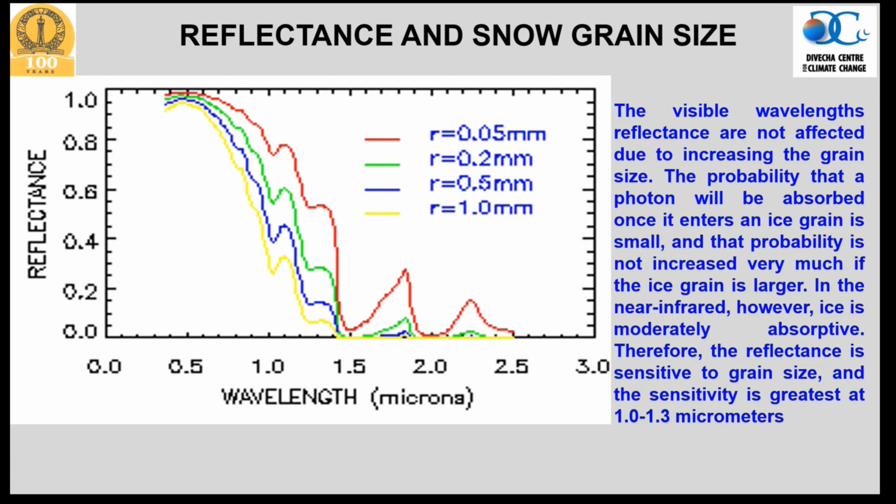So let us look at it in terms of metamorphism. As snow goes through the process of metamorphism, a couple of things happen to the snowpack. One of the key things is a change in grain size. When the snow is in early phases, it is in a dendritic pattern, and as it passes from the dendritic pattern to the circular one, when it completely gets polycrystalline, there is a change in shape and a change in grain size.